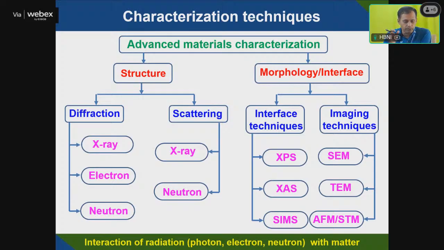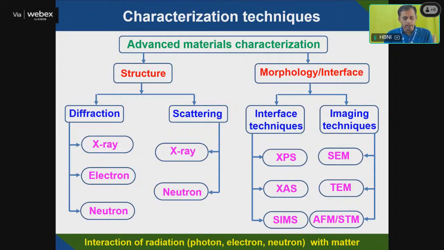If I divide the characterization into two parts, one is the structural analysis, another is the morphological study, or the interface study. Among the structural techniques, one will be diffraction based and the other scattering based. When radiation falls on a material, it will scatter, or maybe be absorbed, or some other phenomena may occur.